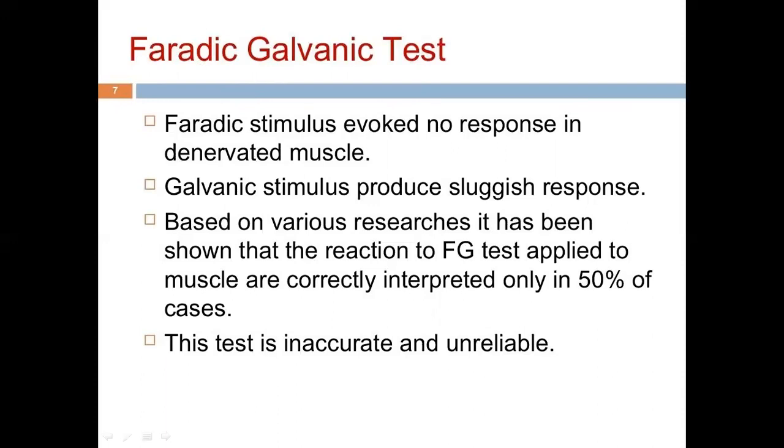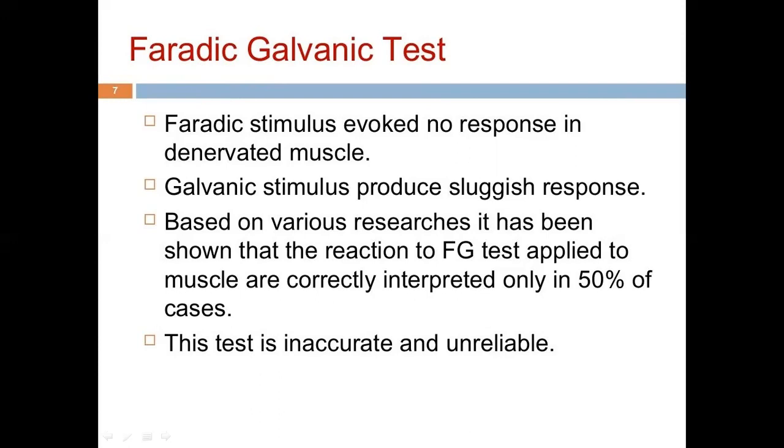Faradic stimulus evoked no response in denervated muscles, and galvanic stimulus produced a sluggish response. Based on various research, it has been shown that the reactions to the Faradic galvanic test applied to muscles are correctly interpreted only in 50% of the cases. This test is inaccurate and unreliable.